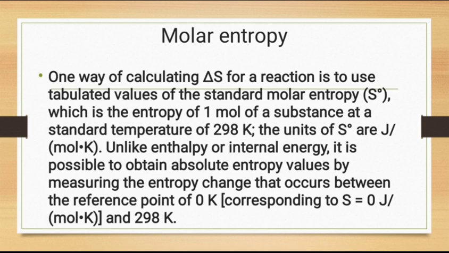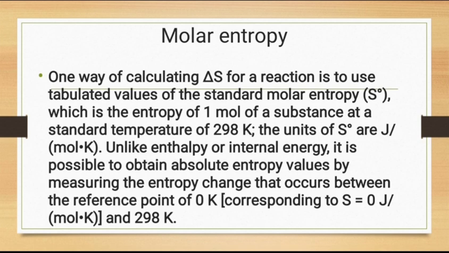So, this is our definition. Molar entropy means the entropy of 1 mole of a substance at a standard temperature of 298 Kelvin, and the molar entropy is given by the notation S0 and the units are joule per mole per Kelvin.